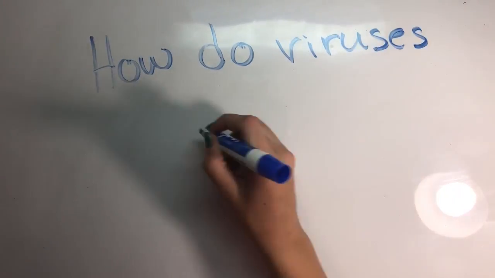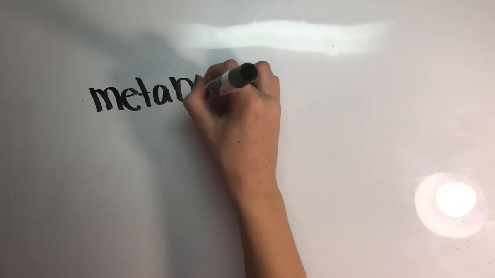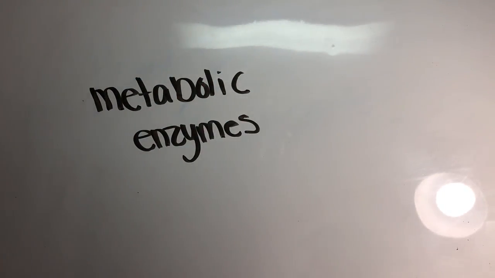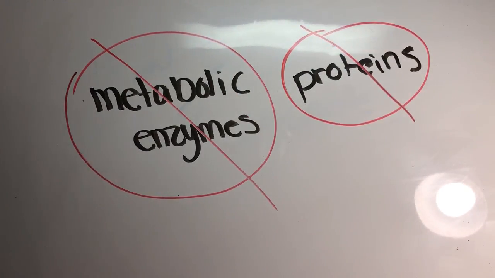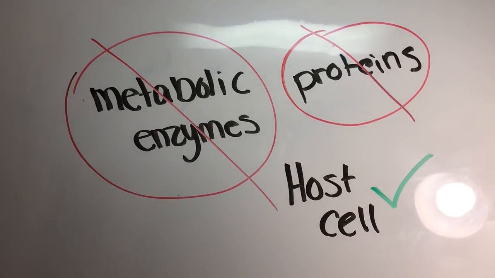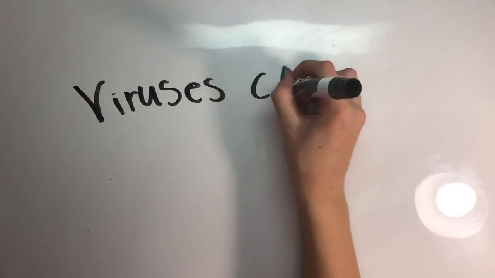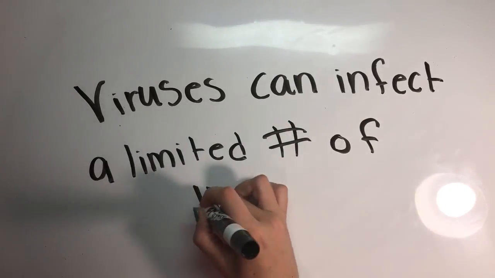How do viruses replicate? Because they lack metabolic enzymes and proteins, viruses can only replicate in the host cells. With that said, each particular virus can infect cells of only a limited number of host species.